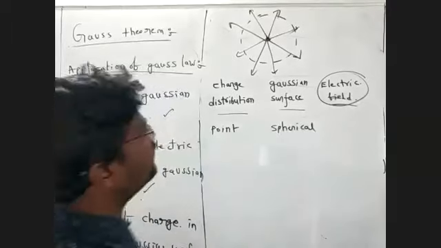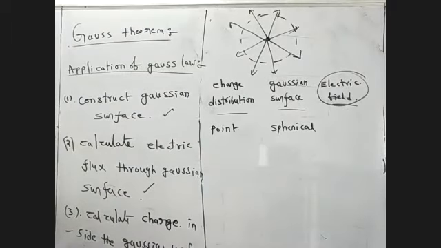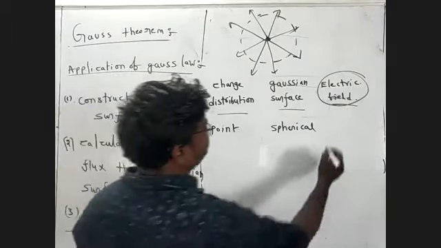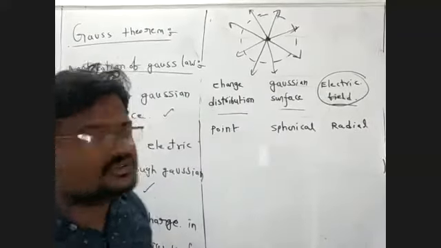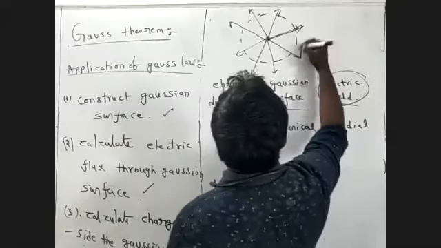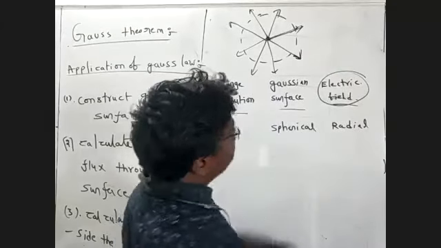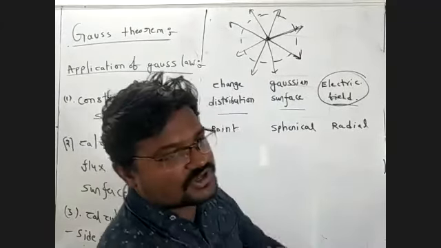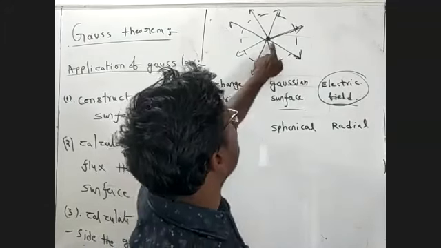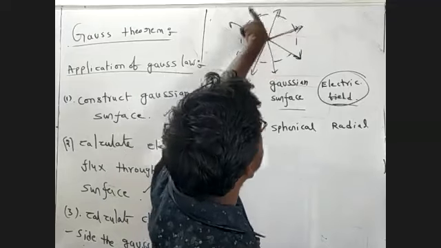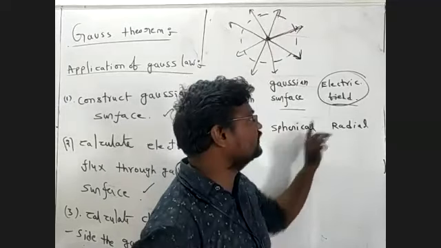This is a field line. The electric field is radially outward. This is a point charge. What is the Gaussian surface? The Gaussian surface is spherical.